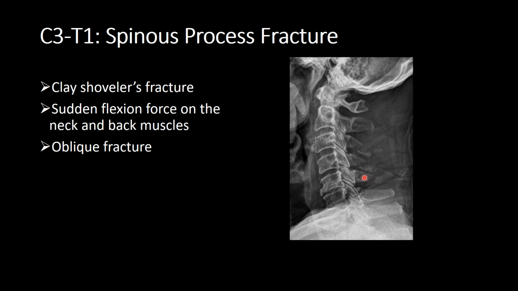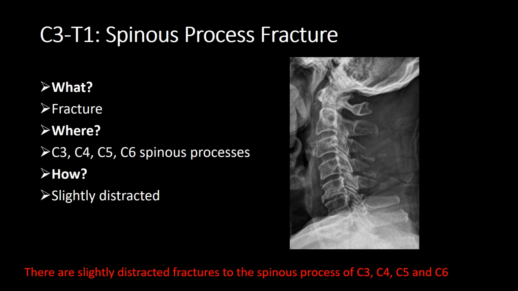We look again, we've got another lucent line, so we've got a distracted fracture through the spinous process of C5. Got another fracture, big with small distraction through C4. We've got another fracture through C5. So we've got distracted fractures to the spinous processes of C3, 4, 5, 6. C2 looks okay. So what is it? It's a fracture of the C3, C4, C5, C6 spinous processes, slightly distracted.